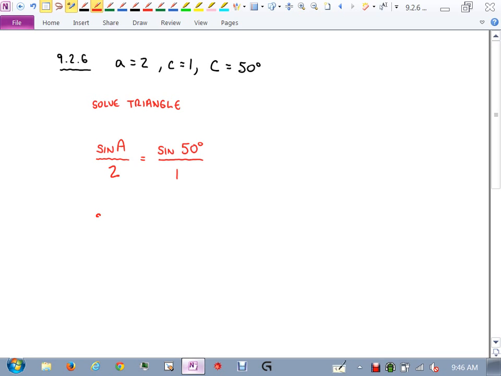Then multiply both sides by 2, so sine capital A is equal to 2 sine 50 over 1. Anything over 1 is itself, right? And what is 2 times sine 50 on your calculator? 1.532, something like that, right?